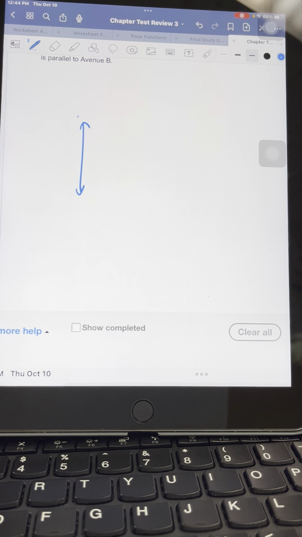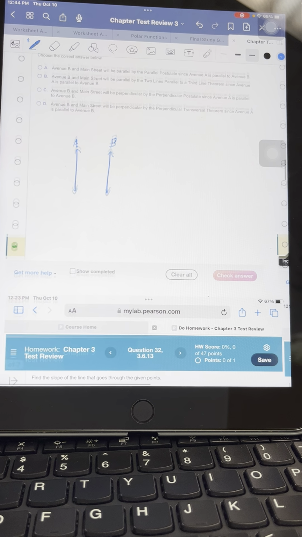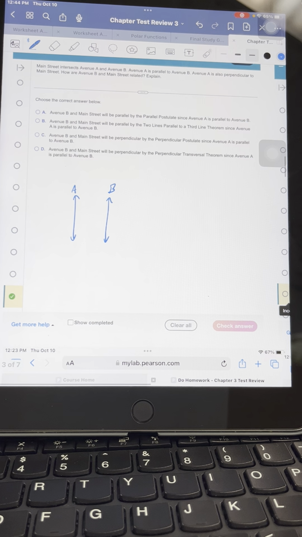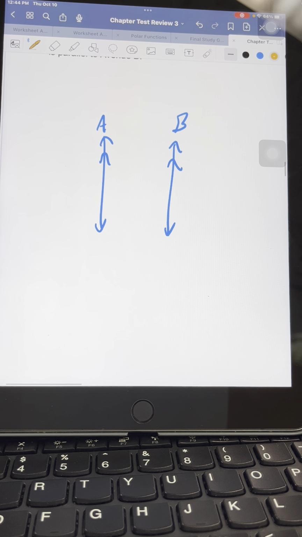So this would be A, and this would be B. It says Main Street intersects Avenue A and B. A and B are parallel. Avenue A is also perpendicular to Main Street. So let's do orange. This would be Main Street right here. So it's saying that this is perpendicular.